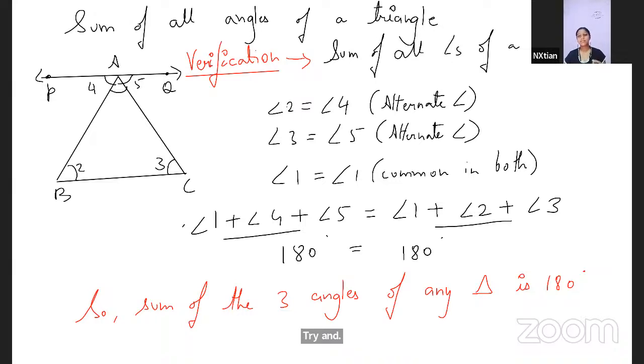Ma'am, most of the angles in most of the triangles will always be acute angles. Yes. There are only some triangles with obtuse angles, very few. That is right.